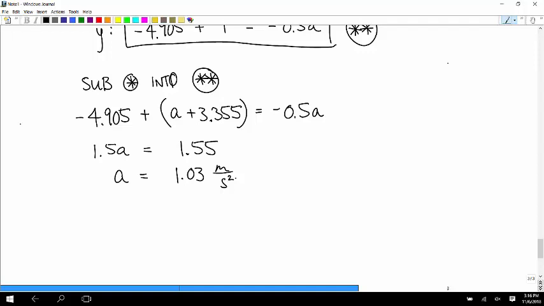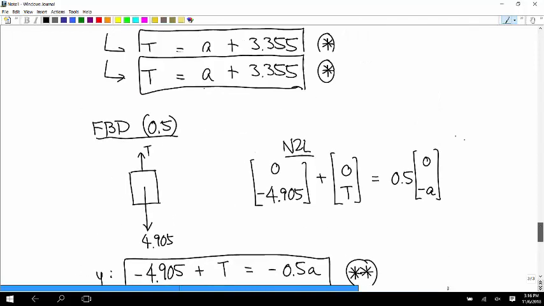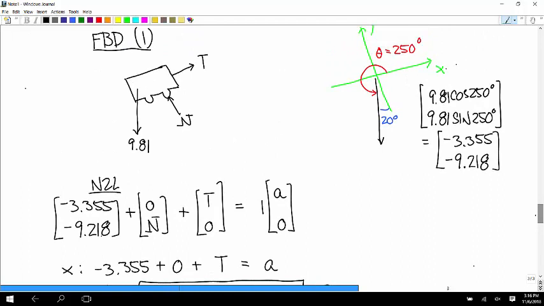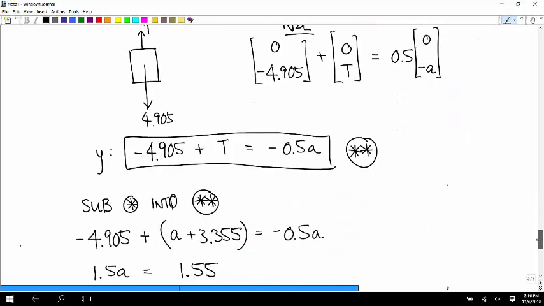Is it going up or down the incline? It's going up the incline, because if you plug 1.03 for A into this acceleration vector, it's moving in the positive x direction. So up the incline, and the hanging mass is accelerating down. And then what about the cable tension?